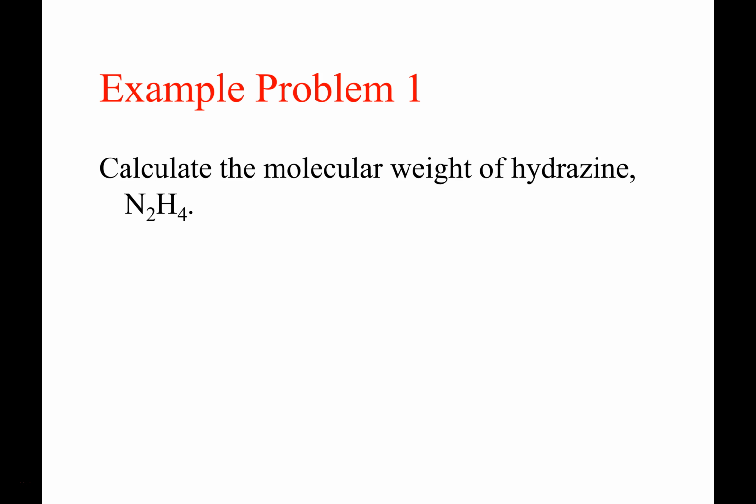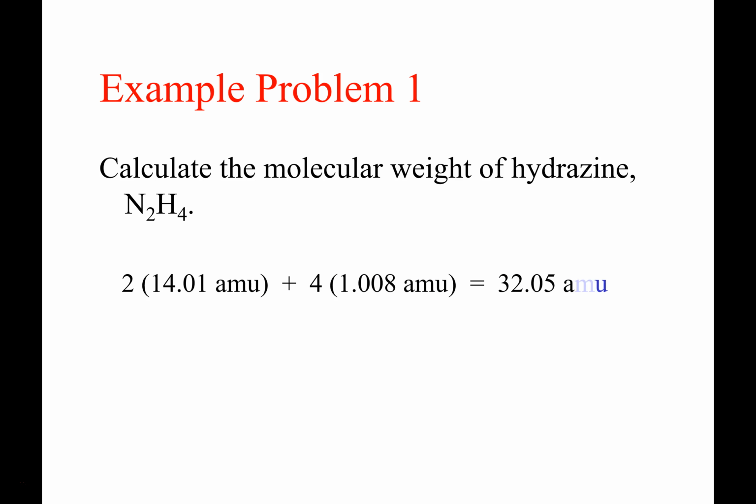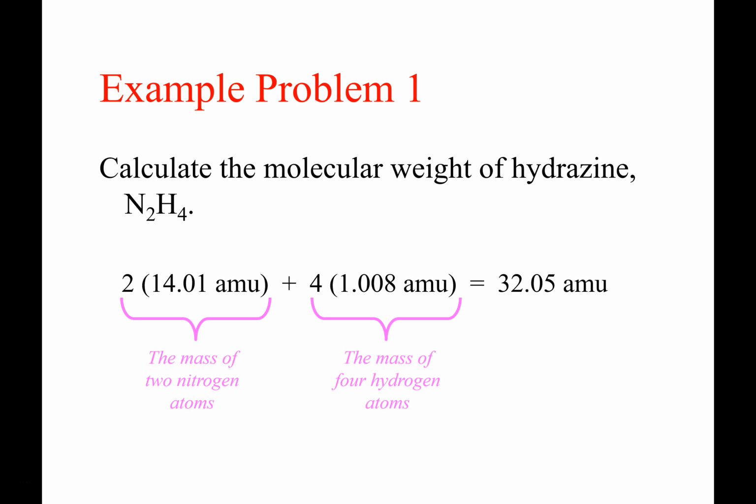So how much does this thing weigh? Well, I'm going to have to account for the nitrogen. And the decimal number for nitrogen is 14.01. So I would take 2 times 14.01 AMUs, that's nitrogen, plus 4 times the decimal number for our hydrogen, which you're going to probably memorize by the end of the semester, is 1.008 AMUs.